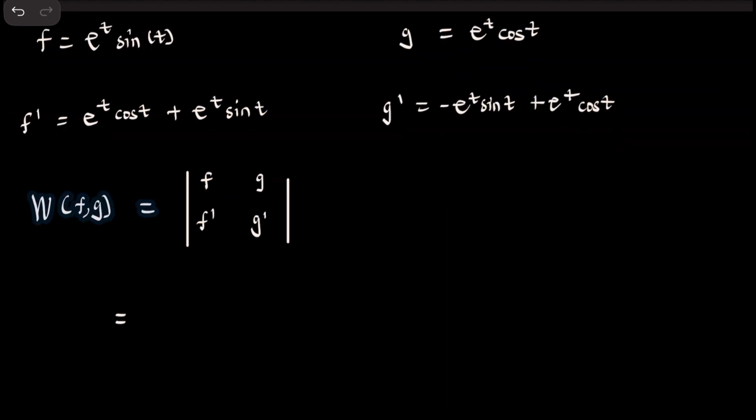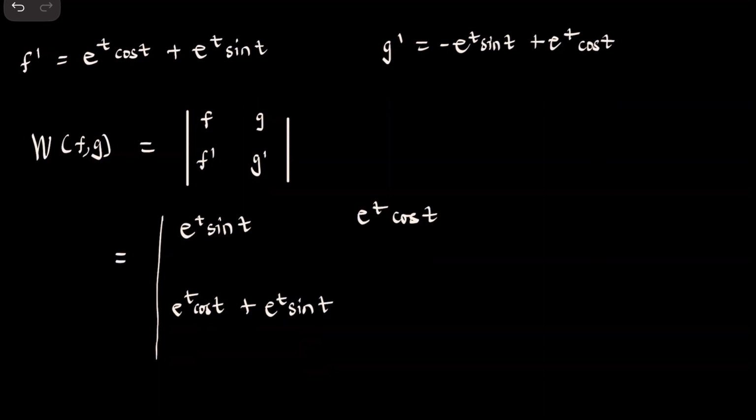Substituting these functions into the Wronskian formula, we have the determinant of f, which is e^t sine of t, then g, which is e^t cosine of t. F prime is e^t cosine of t plus e^t sine of t, and g prime is minus e^t sine of t plus e^t cosine of t.